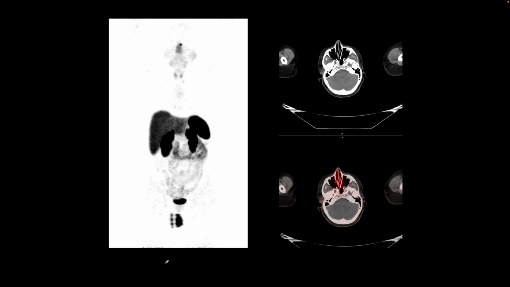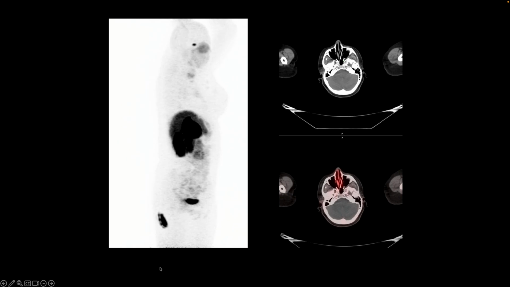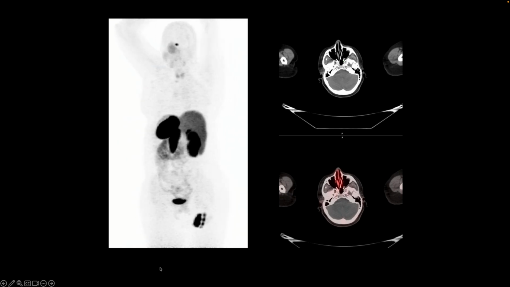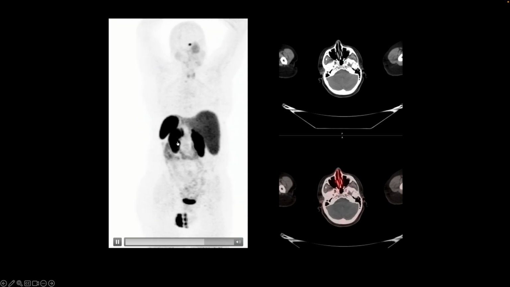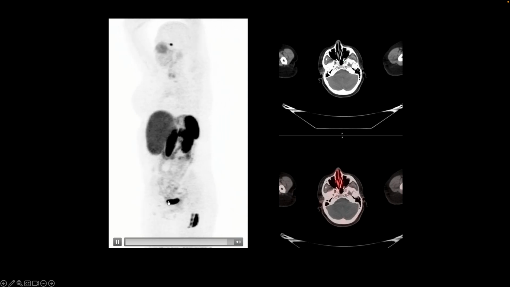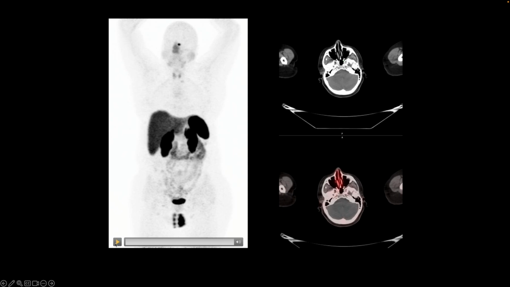This next patient underwent a Dotatate PET-CT to look for a recurrent neuroendocrine tumor. We see physiologic distribution in the pituitary, salivary glands, liver, spleen, kidneys, adrenals, and excretion into the urinary bladder.